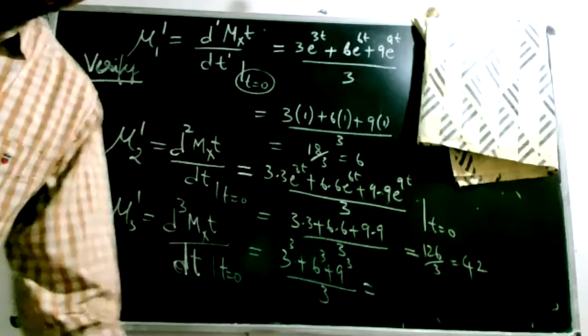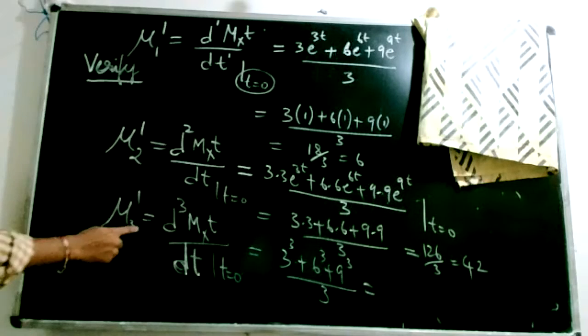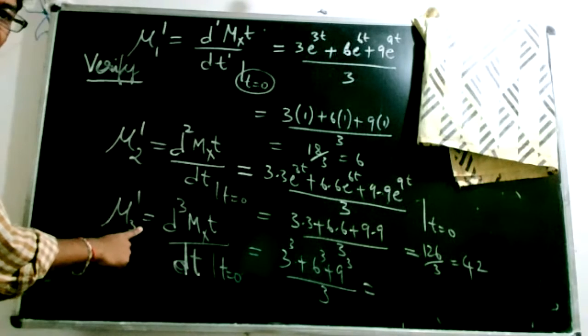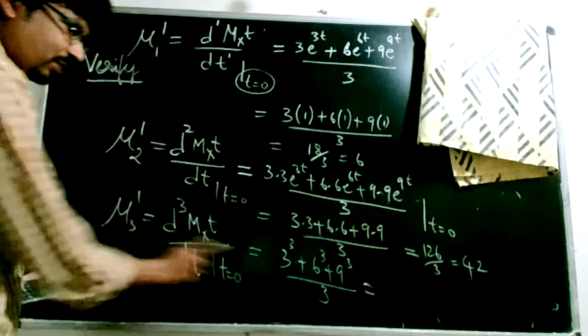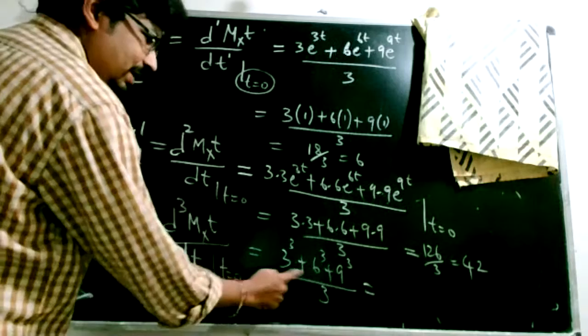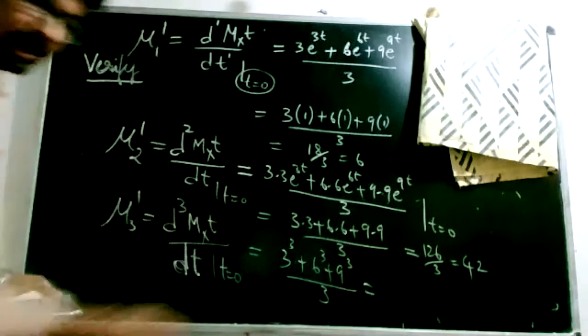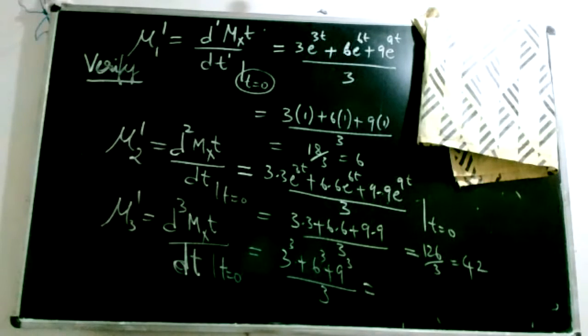Now naturally, since the probabilities are the same, if you use the formula expectation of x cube into p, your x values are 3, 6, 9, so you are obtaining the expectation of x cube only. And if you make the column and table, you will get the same answer.